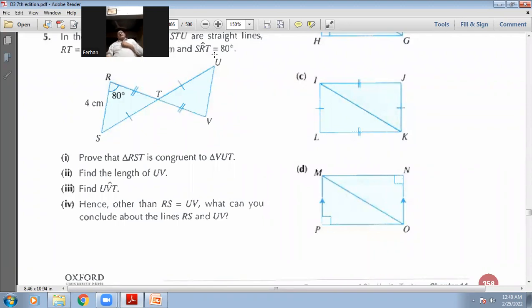So the C section is LJK, LKJI. Here this side and this side are equal. This side and this side are equal. There is no difference.